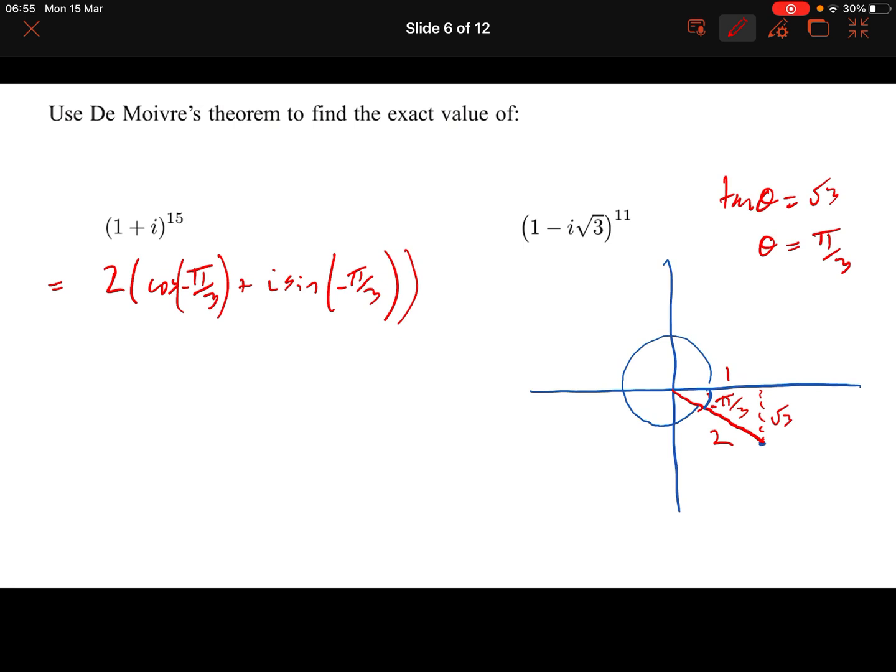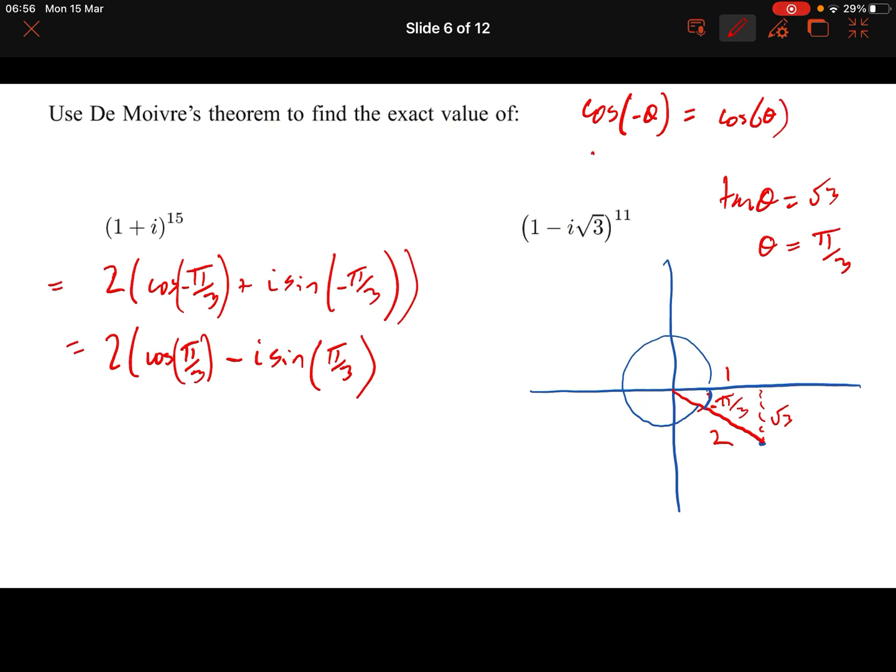Which means I can rewrite this as 2 cosine of pi over 3, minus i sine of pi over 3. Remember that identity: cosine of negative theta equals cosine of theta, and sine of negative theta equals negative sine theta.